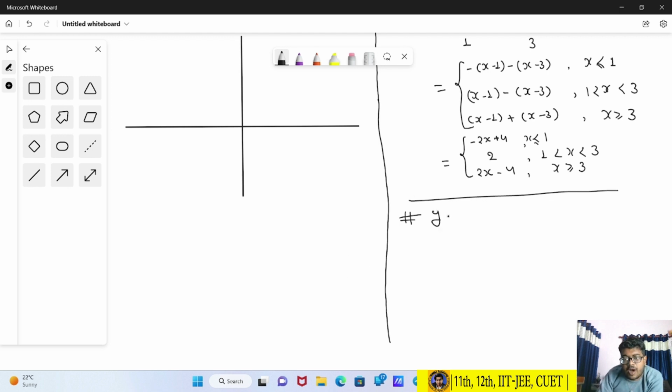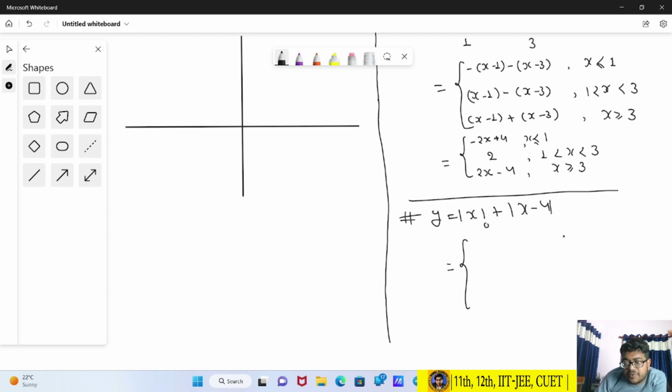Suppose we have y equals mod x plus mod x minus 4. Here we define it directly, not through the long process. The turning points are 0 and 4.